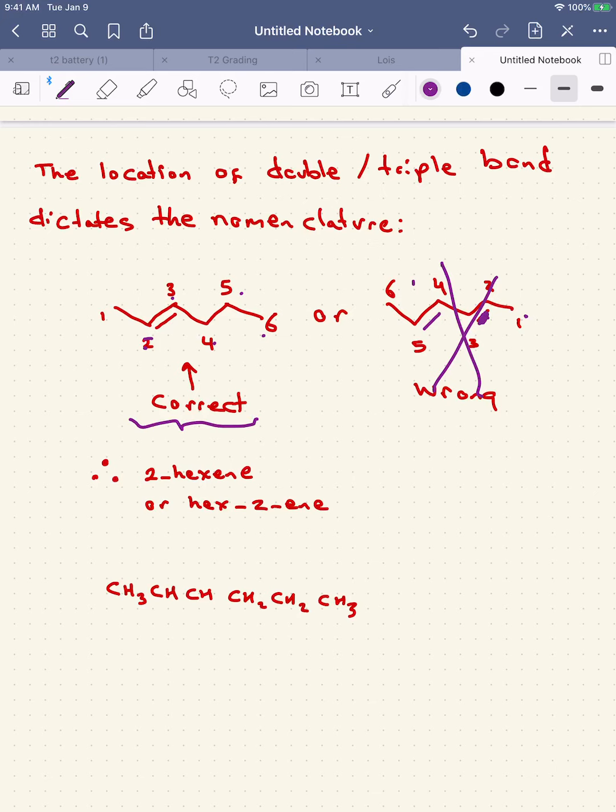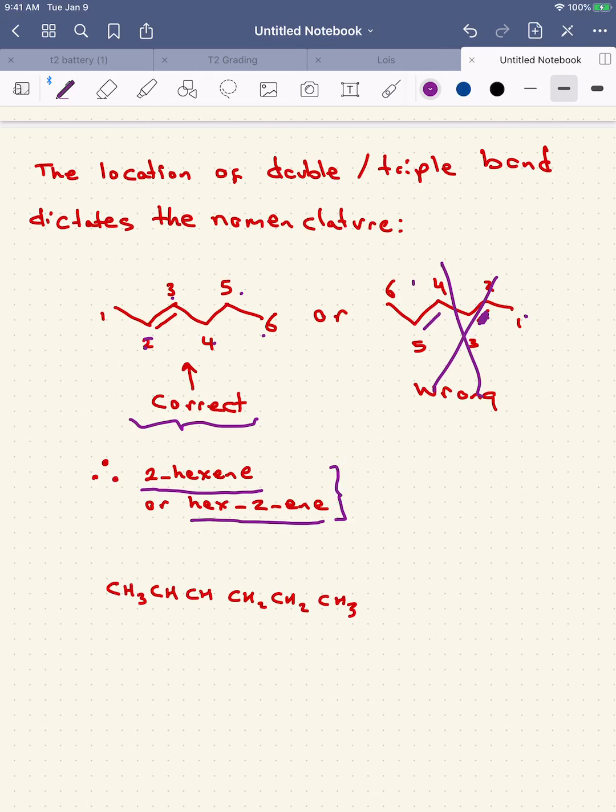Now we have to be able to name it. The name has to tell me the location of the double bond. You have 6 carbons, so it's hex. And it's a double bond, so it's ene. The location of the double bond is 2, so it's 2-hexene or hex-2-ene, whichever you prefer. They are both accepted.